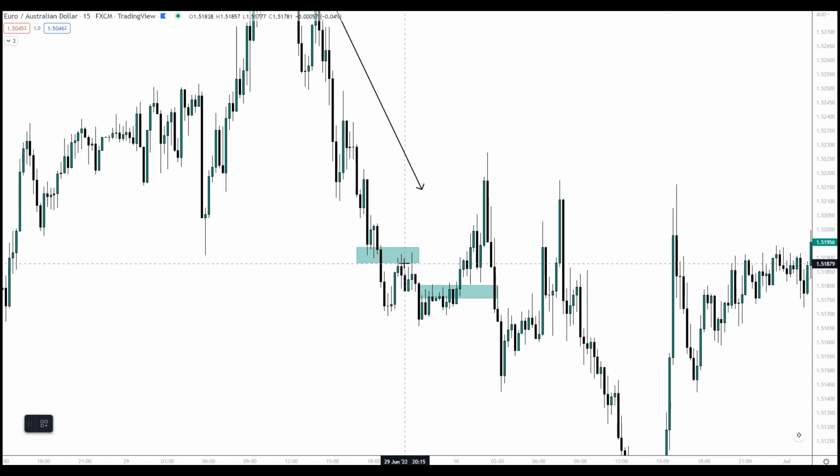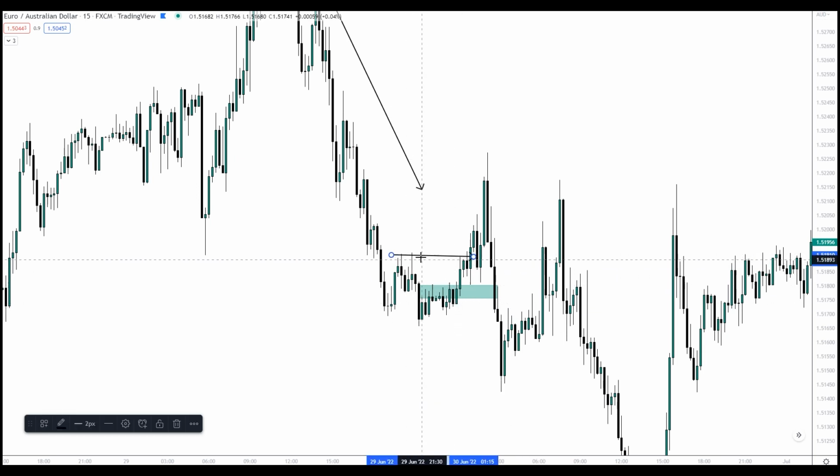Okay? So then what happened, if we look, is that you can see this area here was then broken like so, meaning that we've had a structural change within the market because this high made this low. Price then broke this, and you can see here, came back to retest the area.